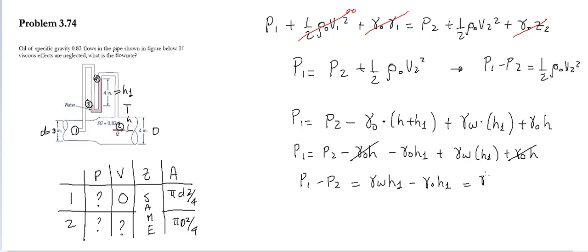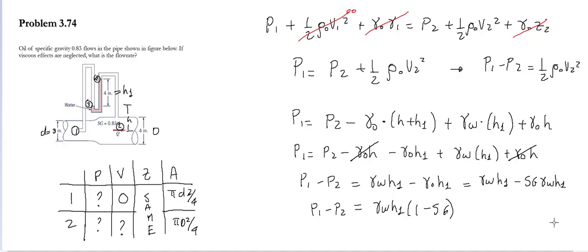And this is the same thing as gamma of water, H1, minus Sg, gamma of water, H1. And we factor things out. We have gamma of water, H1, times 1 minus Sg. So these are the two equations that we have at the moment.